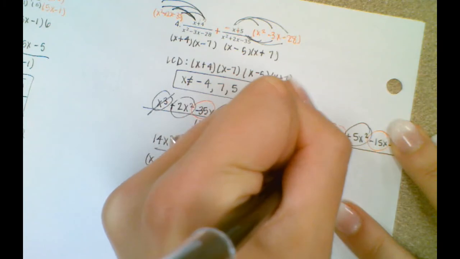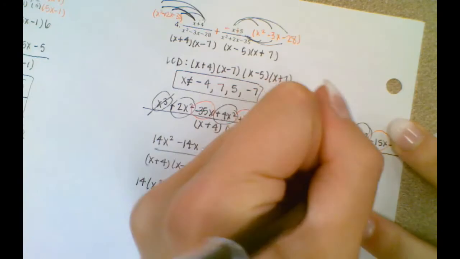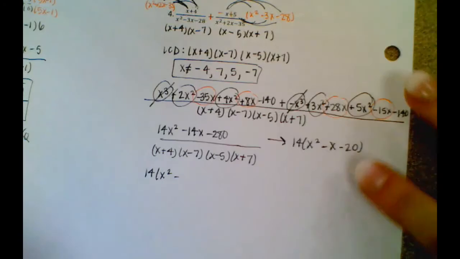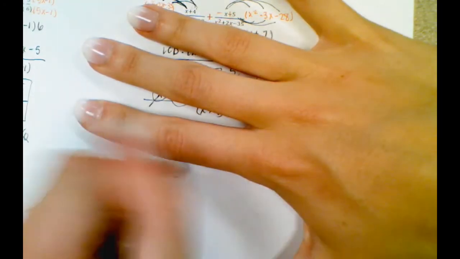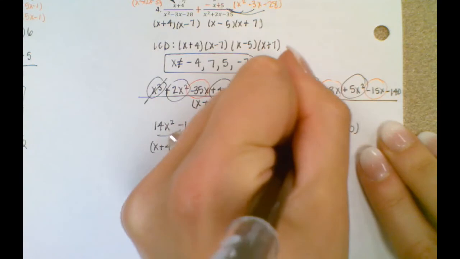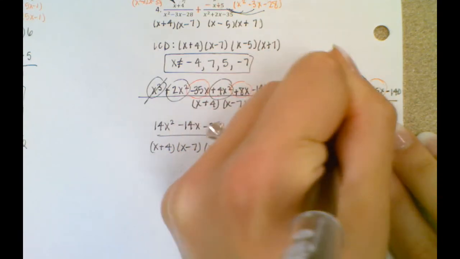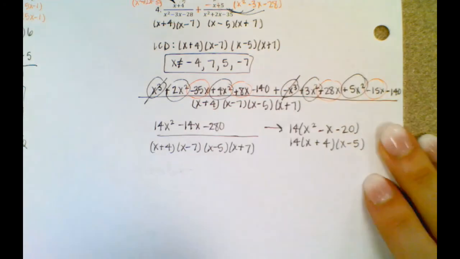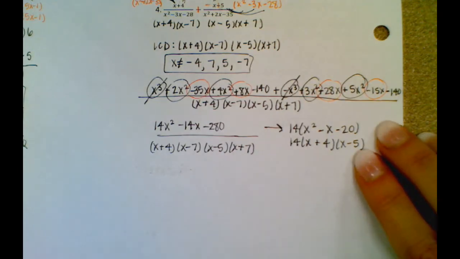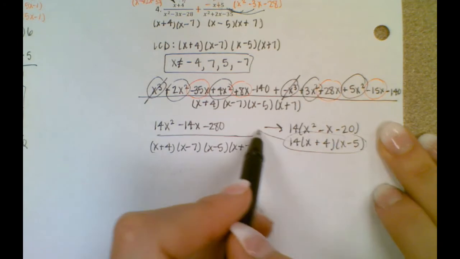So 14, you get x squared minus x minus 20. And I can factor that further. So this is 14 times x plus 4, x minus 5 when I factor that. Okay? So I'm going to rewrite this in place for that.